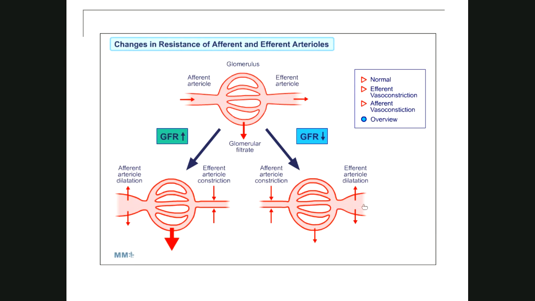So when the blood comes to the glomerulus, it can easily go out, and the GFR decreases. So our body can work with dilation and constriction of the afferent and efferent arterioles to change the amount of GFR.